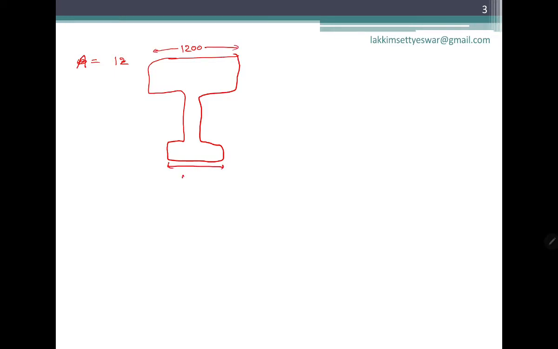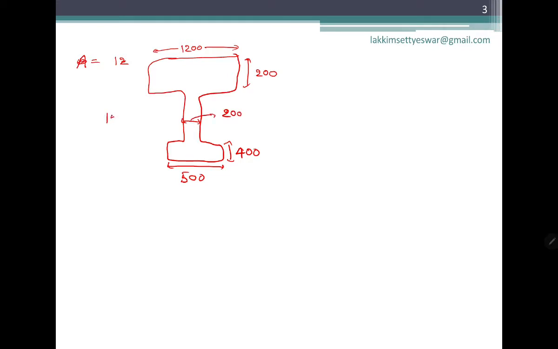So area A is equal to... first we need to know the cross-sectional details. Top flange width is 1200 and bottom flange width is 500. Bottom flange thickness is 400 mm and top flange thickness is 200 mm, and the thickness of the web is 200 mm.